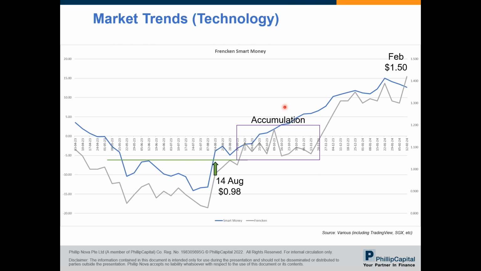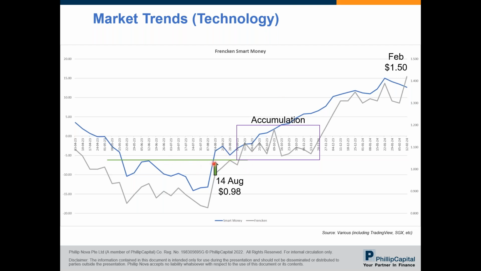So they are more like contractors for the big tech firms, supplying them with certain parts, machinery, and services as well. When the tech sector does well, you'll find that Frencken Group tends to benefit from it. It also tends to follow the general market trend.